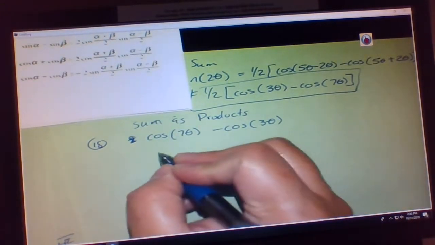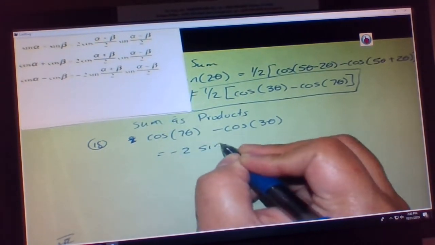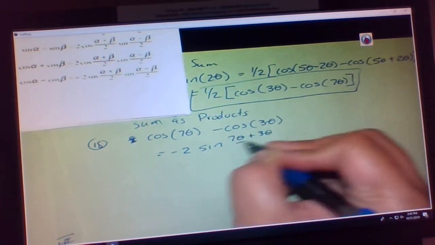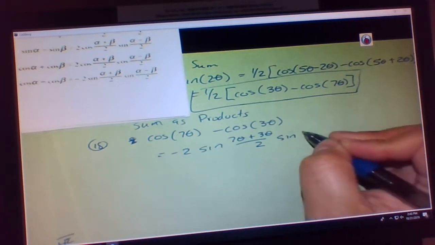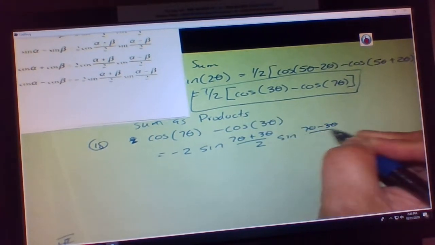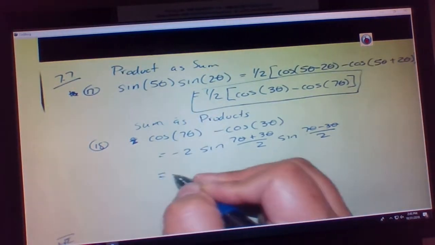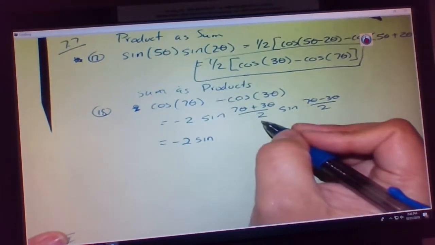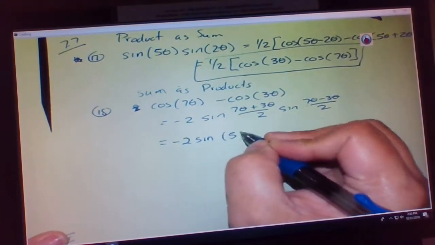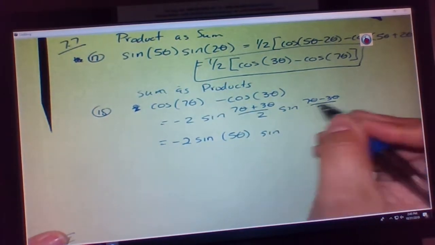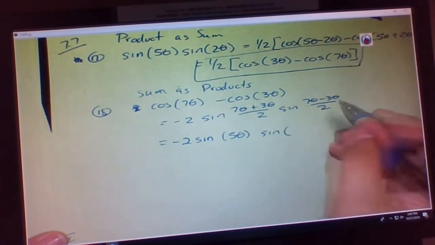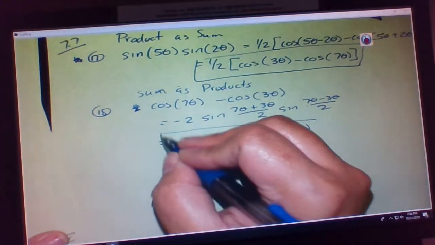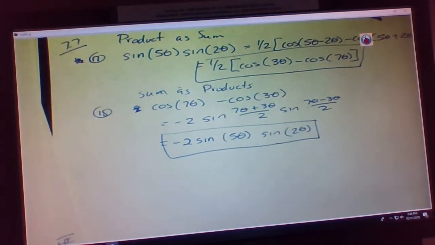So this is a -2 sine of 7 plus 3 over 2, sine of 7 minus 3 over 2. And this just becomes, what is 7 plus 3? 10 divided by 2, 5. And 7 minus 3, 4 divided by 2, 2. And that's it.